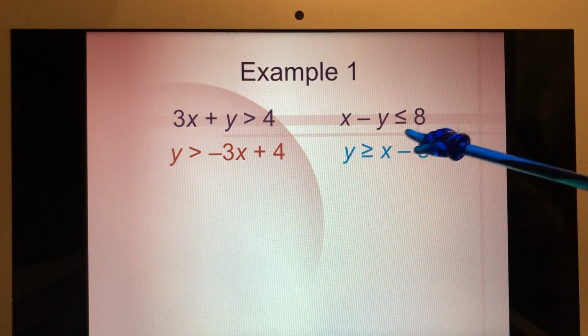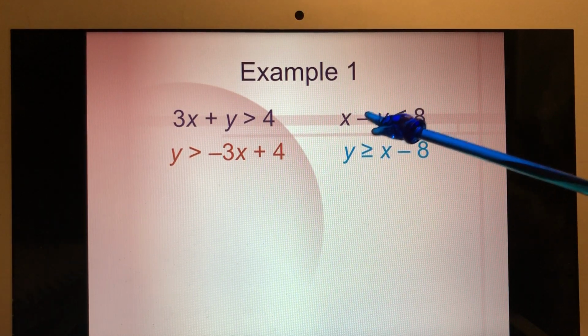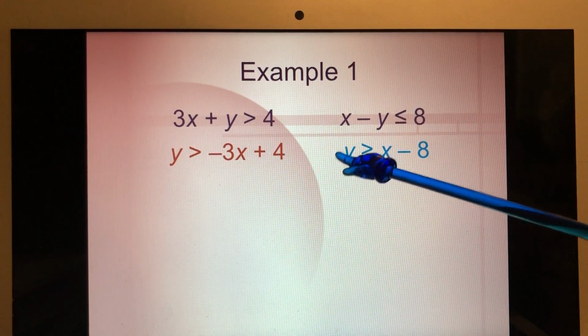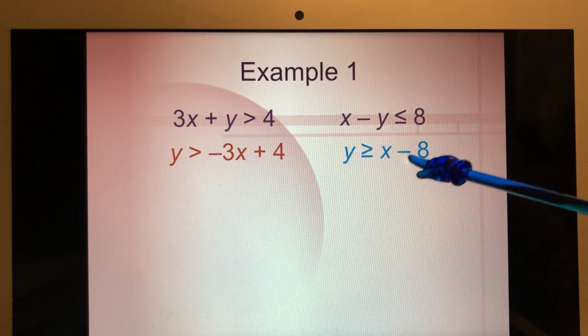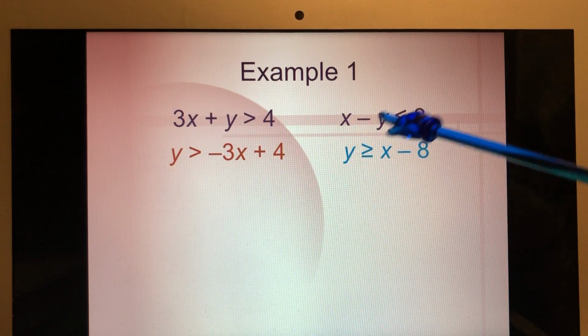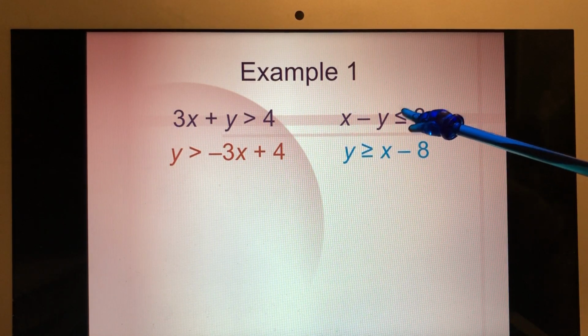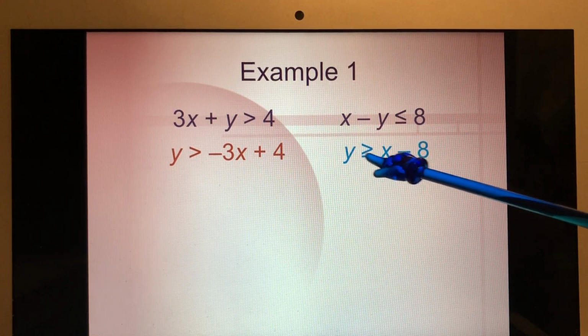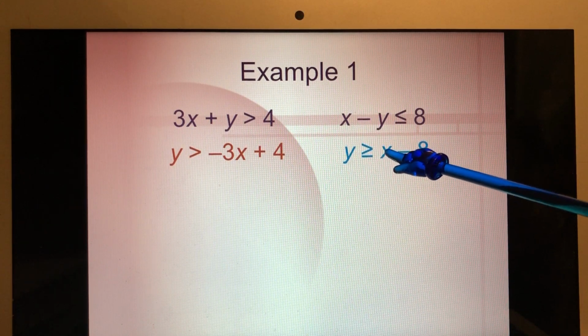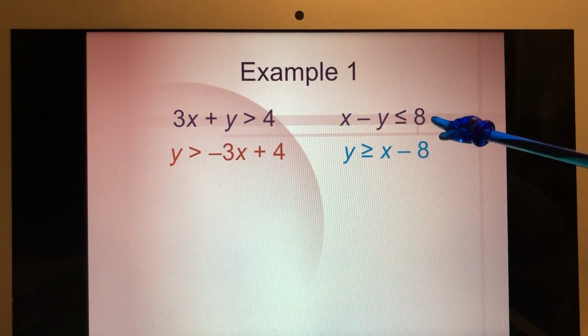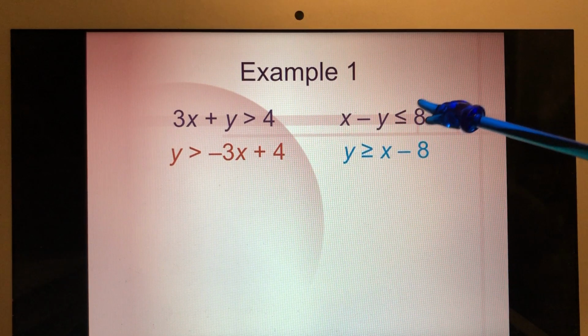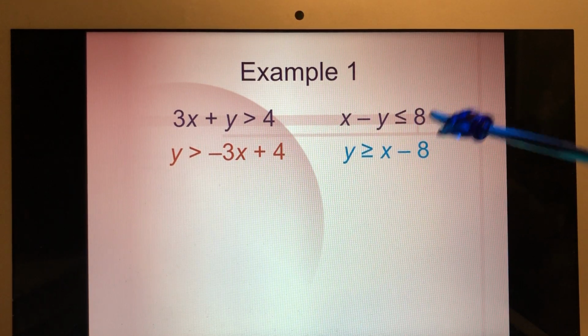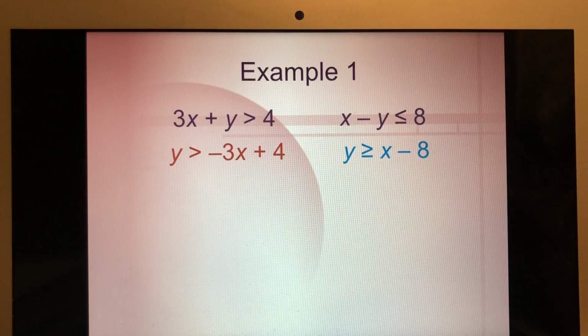Then, because this is a -y, I need to divide both sides by -1, and that's going to flip this inequality sign to be greater than or equal to. And then my x, it was a -x over here, now it becomes positive. This is a +8, now it becomes a -8.